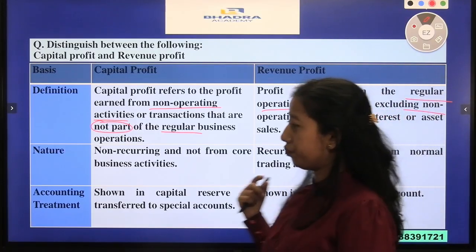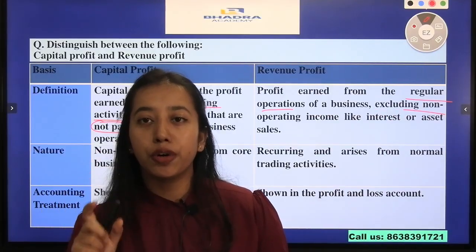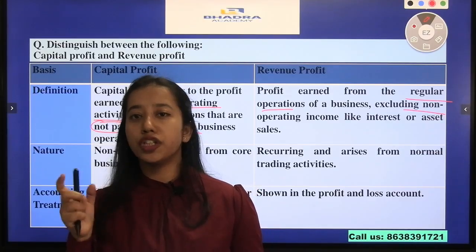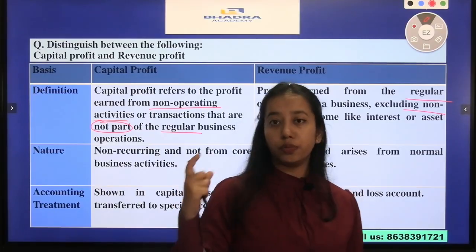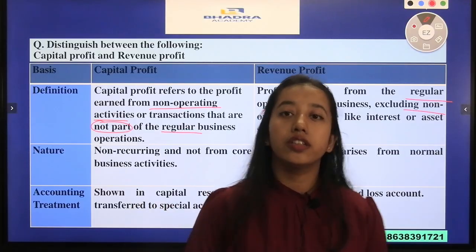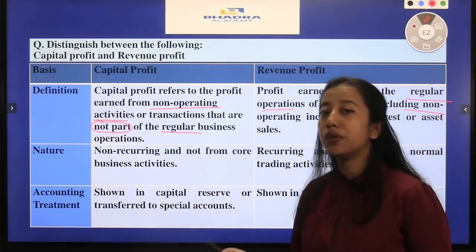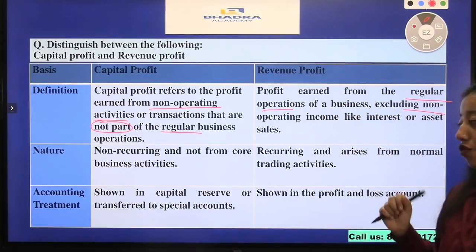So suppose the cost of producing a product is rupees 10 and the business person sells it for rupees 20, the profit here will be again rupees 10. Again, this happens in regular course of the business. That is why that profit will be known as revenue profit.